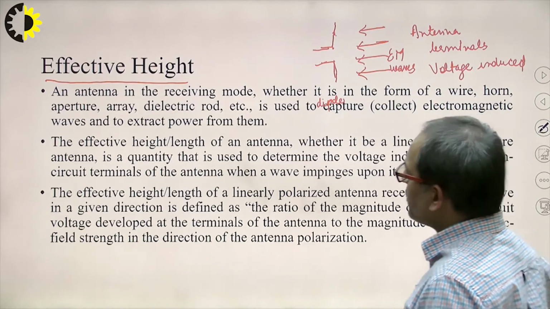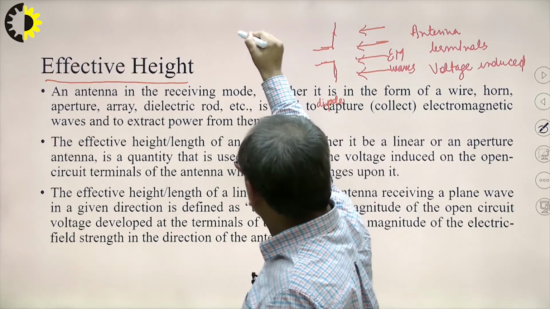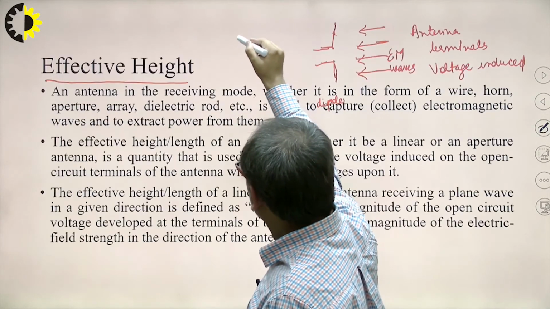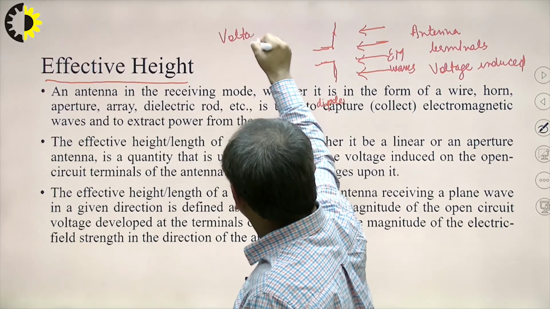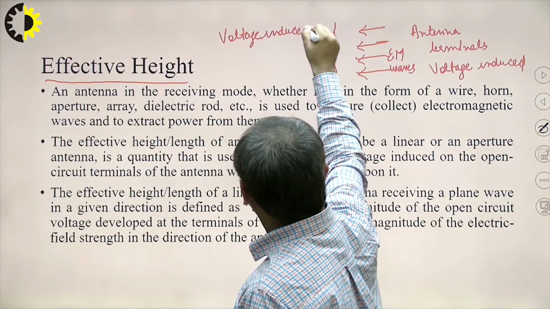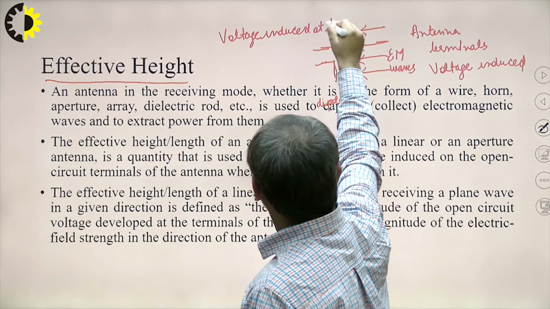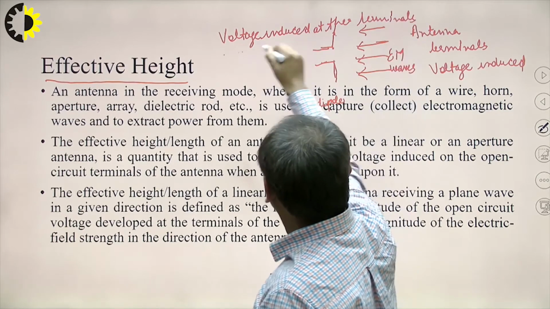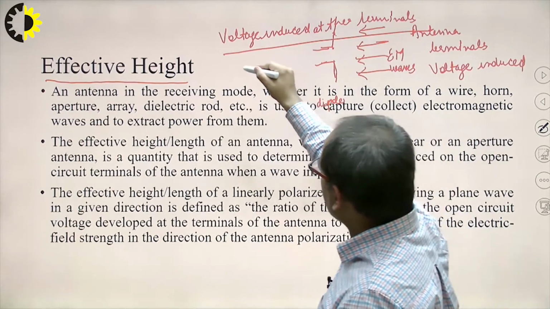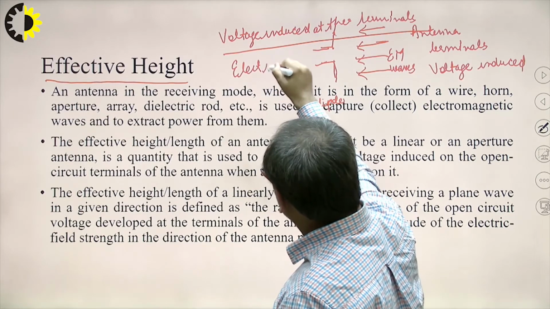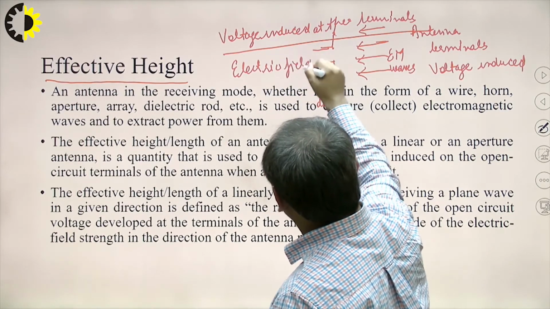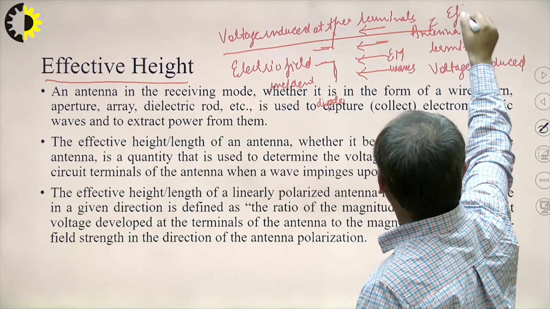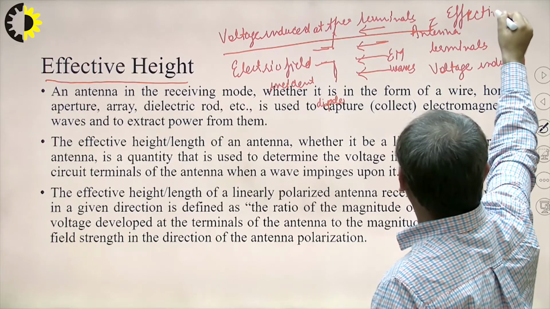So there is a relationship between the ratio of the voltage induced at the antenna terminals divided by the electric field incident on the antenna, which defines the effective height of the antenna. Clear?